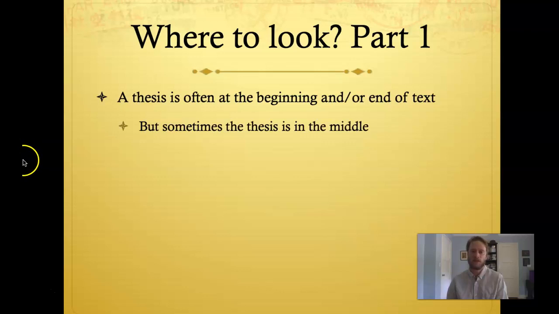However, sometimes the thesis is even in the middle of an essay. And other times, a thesis is unstated and implied, so you have to read between the lines and infer what the thesis statement is. Sometimes you have to put it in your own words to figure out what it is, and we're going to be doing that later.